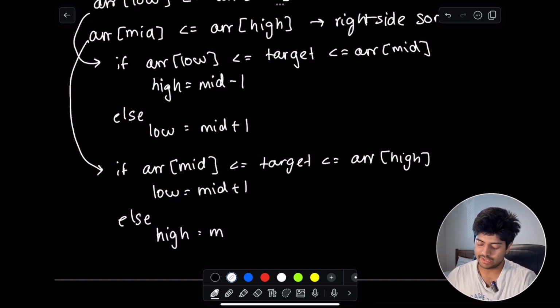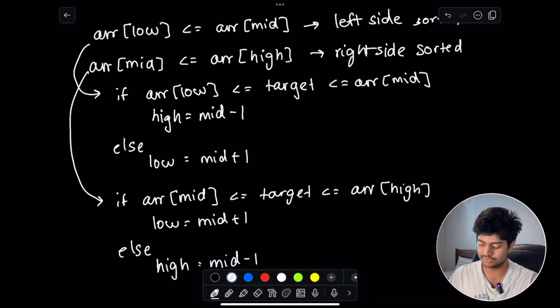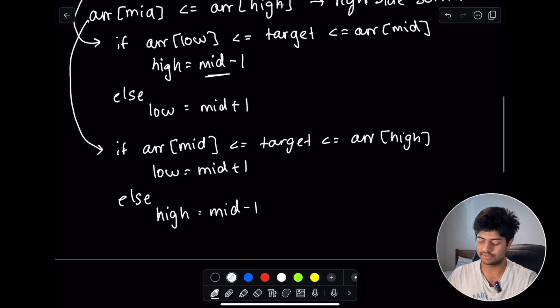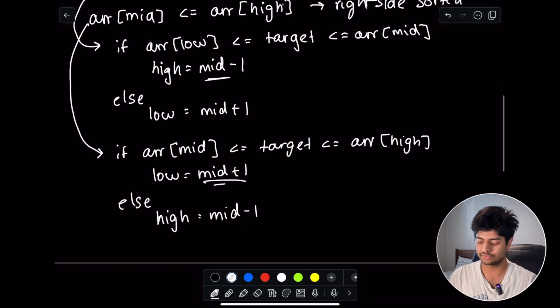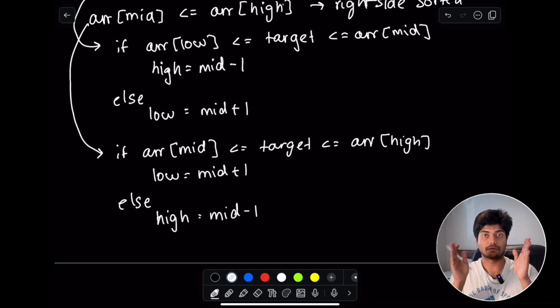Once you get into the sorted range, you're just doing the normal binary search, in this case, these cases. That's taken care of because we know one side is always going to be sorted from that rotated array.